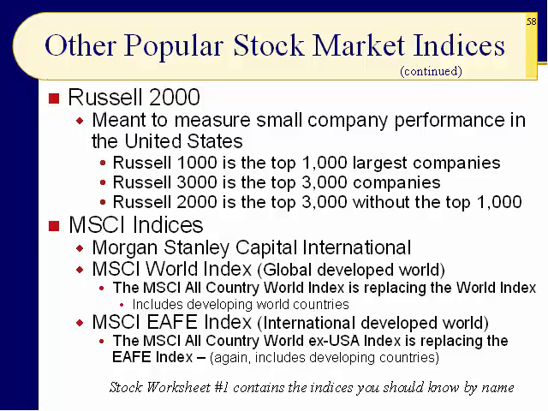The index that was used to look at the rest of the world other than the United States was called the EFA, and that's how it's pronounced. It stands for Europe, Australia, and the Far East. But they've never added the developing world to the EFA. So again, they created a new index that includes the developing countries, and it's called the MSCI All Country World ex-USA Index.